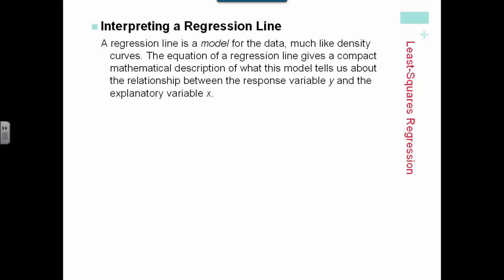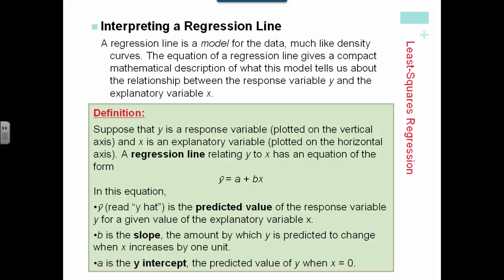A regression line is a model for data. It gives a compact mathematical description of what the model tells us about the relationship between our response variable y and the explanatory variable x.